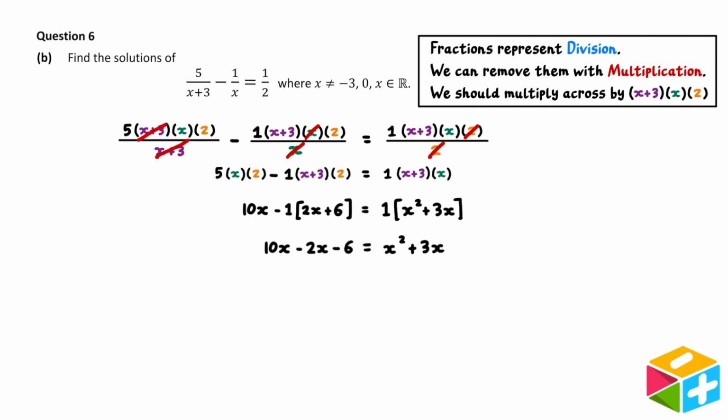Now we can multiply out further. Minus 1 times 2x is minus 2x, and minus 1 times plus 6 is minus 6. On the right hand side, 1 times x squared plus 3x simply gives us back x squared plus 3x.